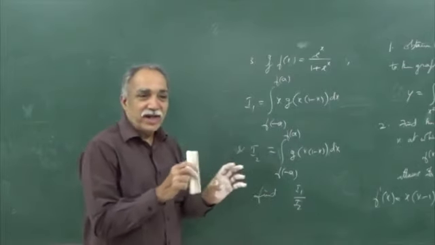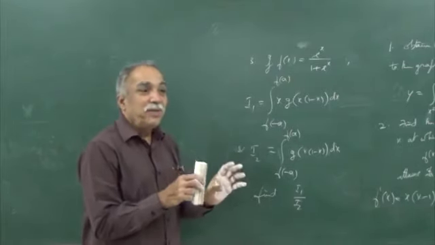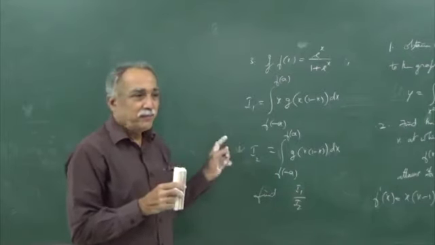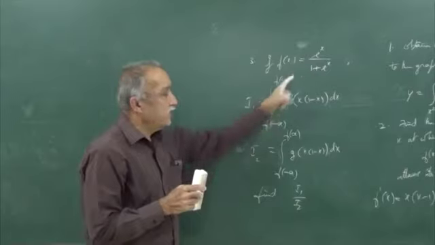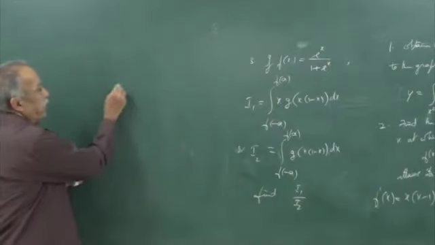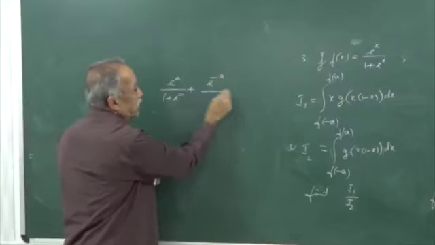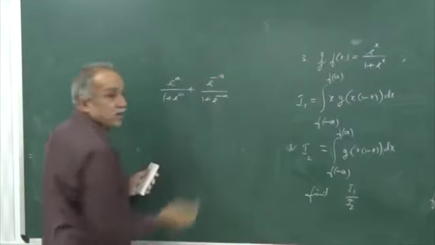This is nowhere asked of you, but that is required in order to finish the job more quickly. F of a plus f of minus a is e power a by 1 plus e power a plus e power minus a by 1 plus e power minus a.